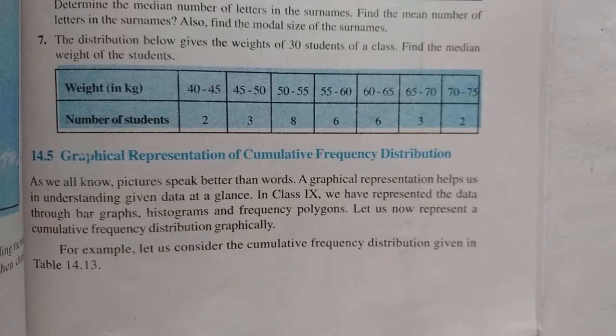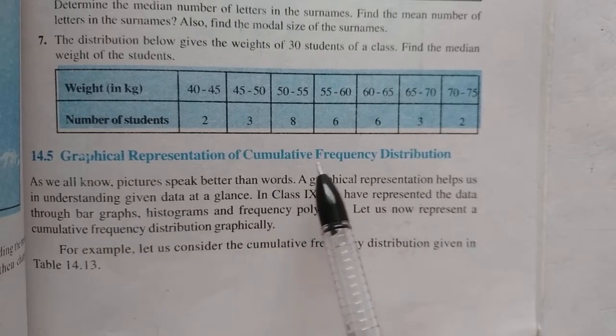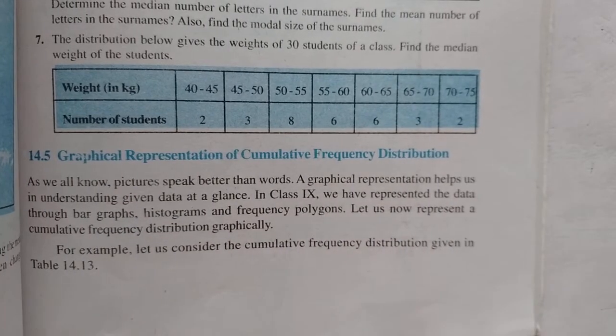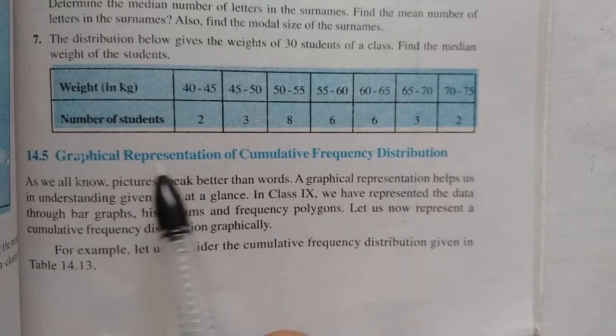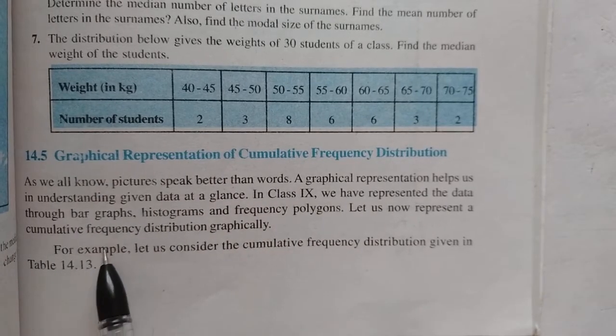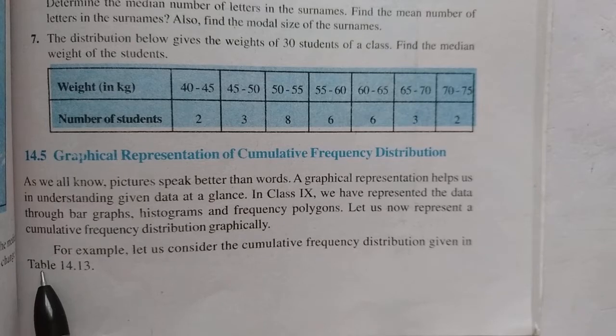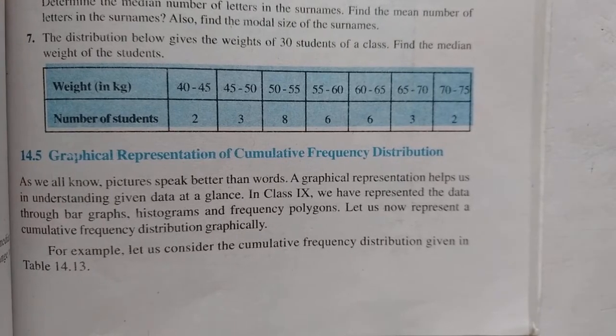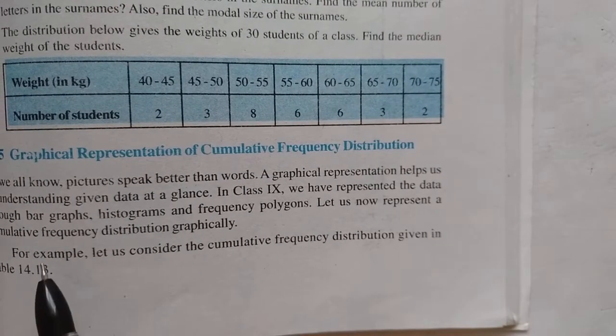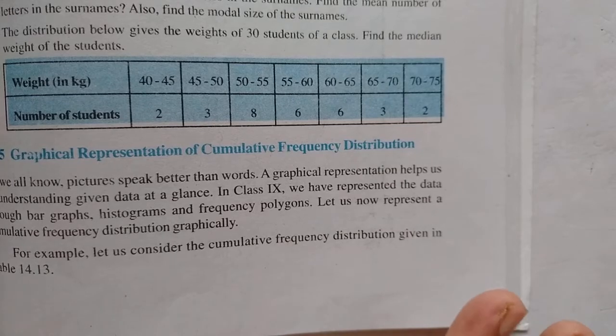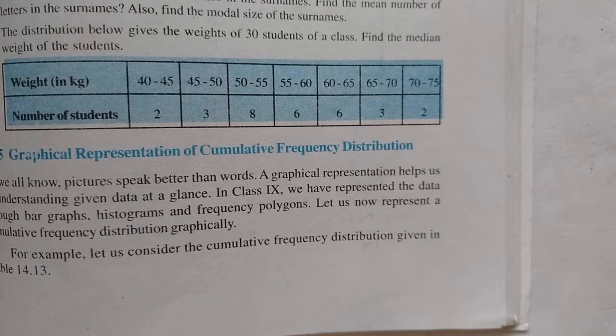Now children, the topic is graphical representation of cumulative frequency distribution. To understand this graphical representation, here we will use the example given in table 14.13. This is given on page number 280.